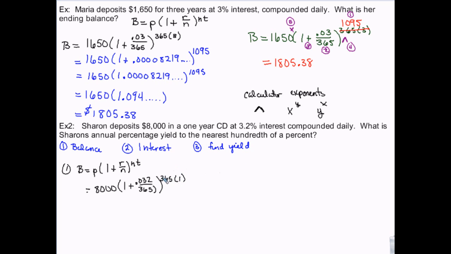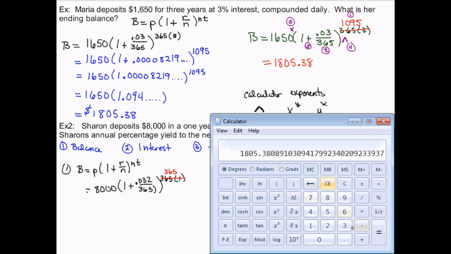And just to get myself into the habit, I always go ahead and do that. Then I'm going to take that 0.032 divided by 365. See here, that E is negative, so that's the scientific notation. Plus 1, to the power of 365, times 8,000.